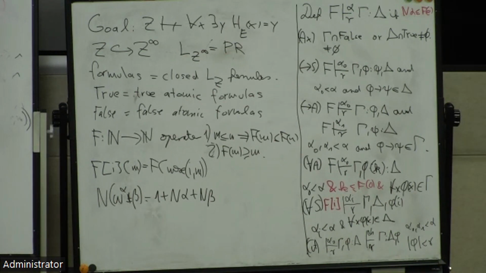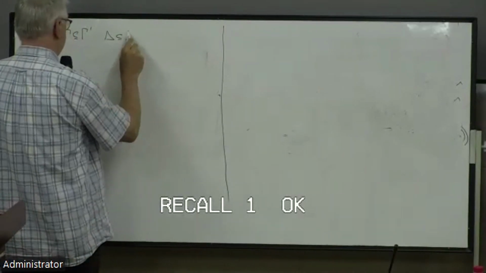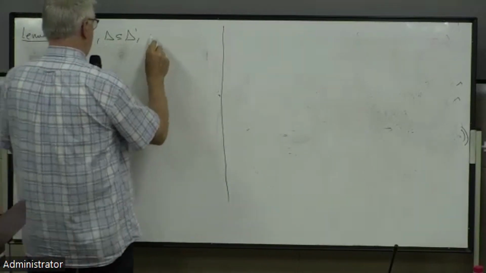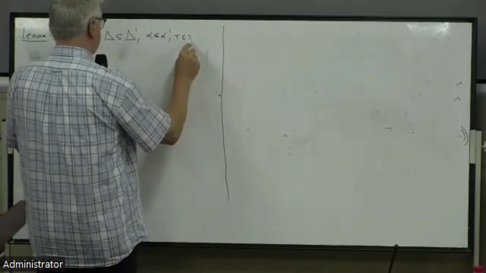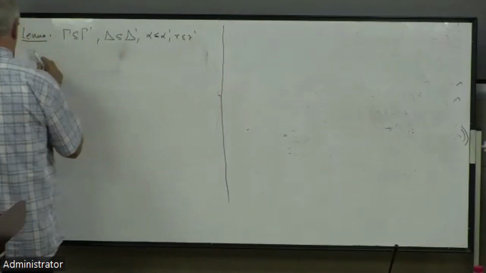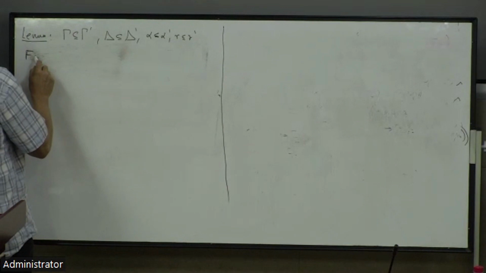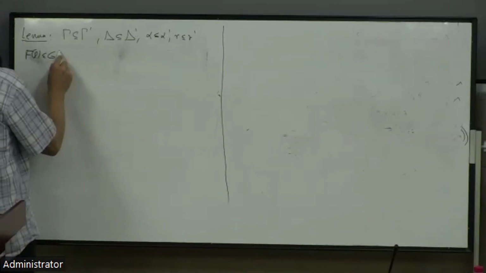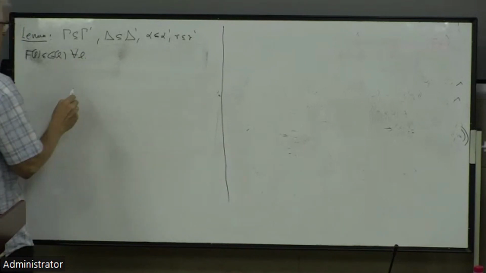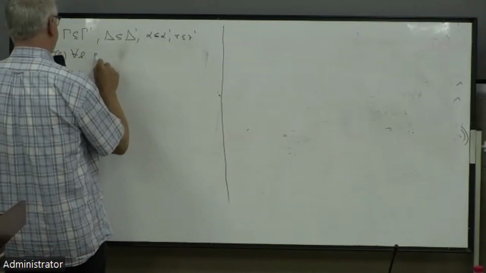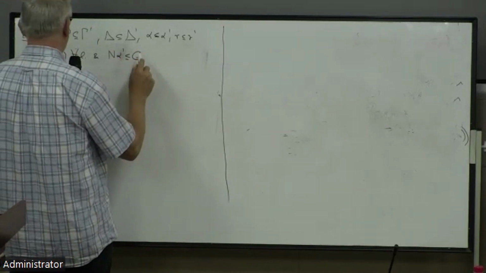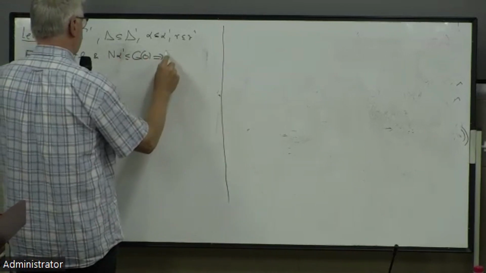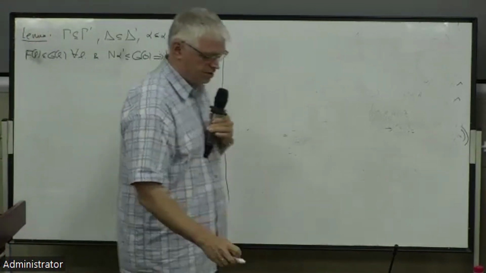So what's going to happen if gamma is extended to gamma prime, delta is extended to delta prime, if alpha is extended to alpha prime, if r is less than or equal to r prime, if pointwise f of L is less than or equal to g of L for all L, and if we have that the norm of alpha prime is less than or equal to g of 0, then we can conclude we have made everything bigger.